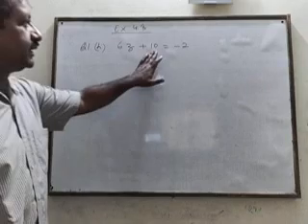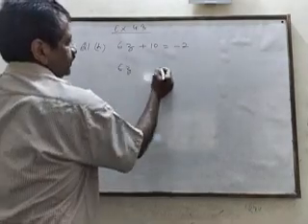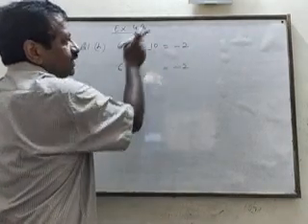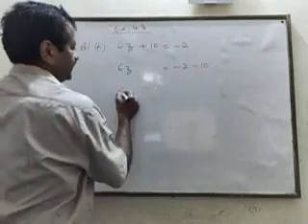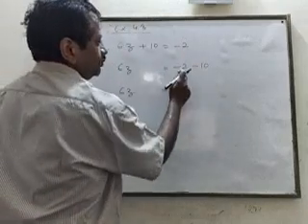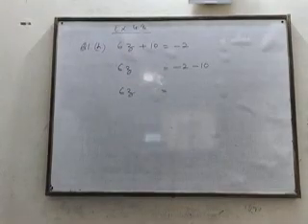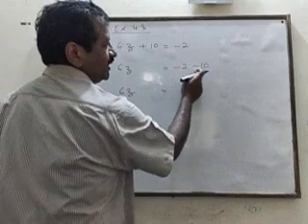Again in the same way, take this 10 to that side. 6z is equal to minus 2 already here. This will also become minus 10. So 6z equal to minus 2 and minus 10. Same sign figures, they will be added and the sign will remain the same in the result.